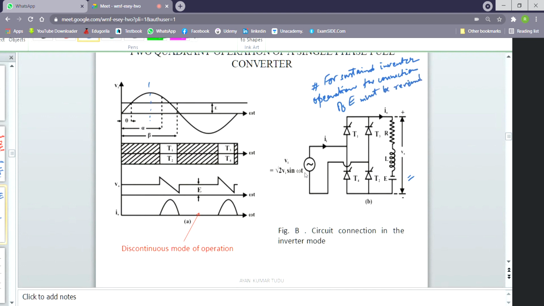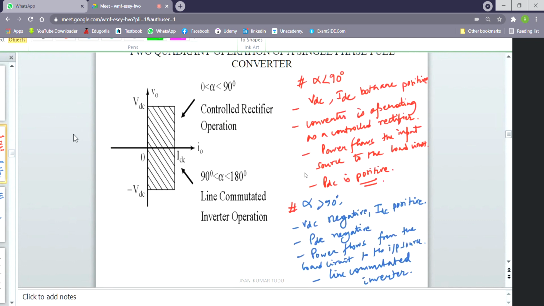Okay, here let me write one thing, that the connection of E is such that it can only absorb power but not supply it.